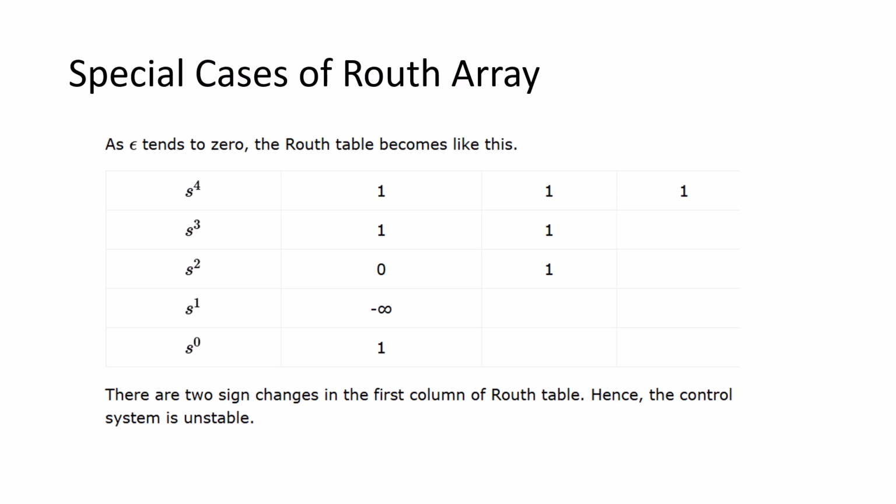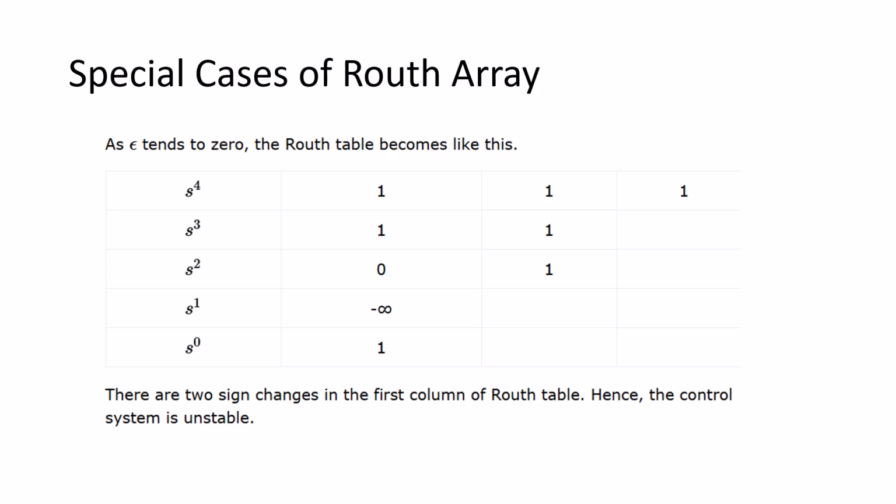So if you get a 0 in a particular row while constructing the Routh array, you have to replace it by xi, which tends to 0. Then you complete the Routh array. Once completed, put the value 0 in place of xi. Then see how many sign changes there are.